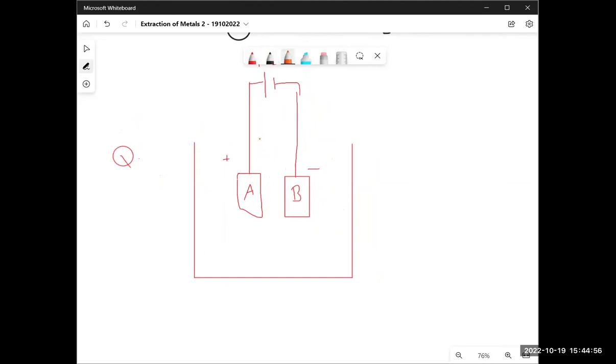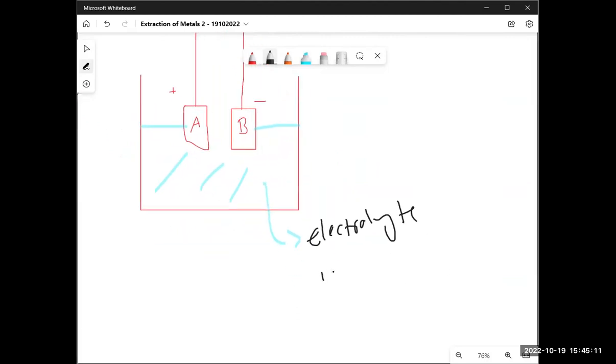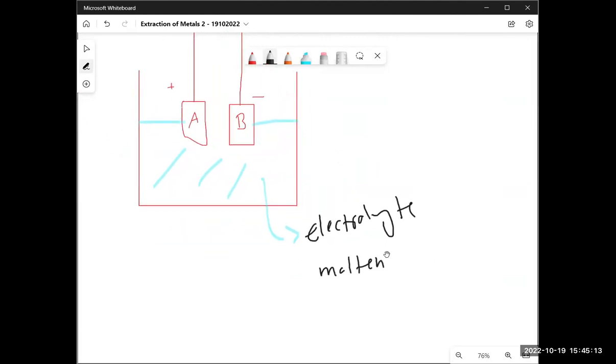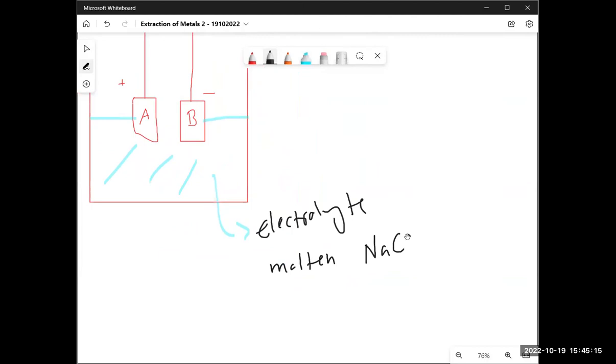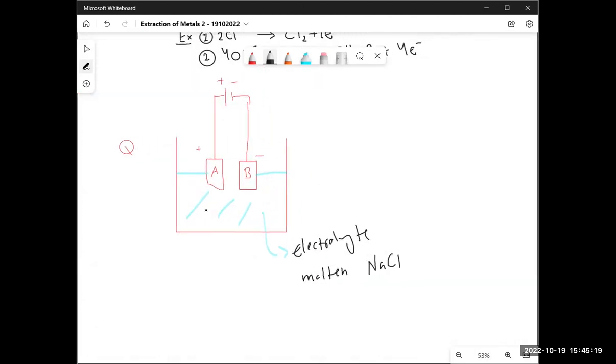Now your job is to tell me, if this electrolyte here is molten NaCl, which basically means the ions inside it are Na plus and Cl minus.